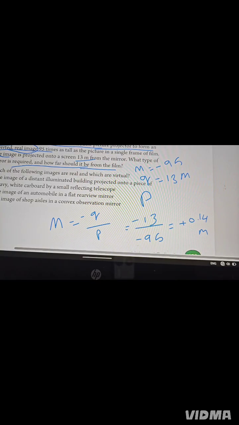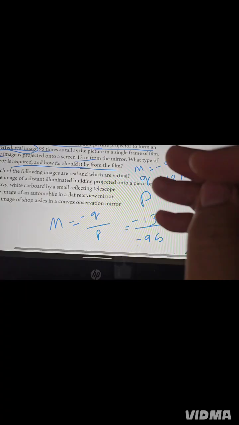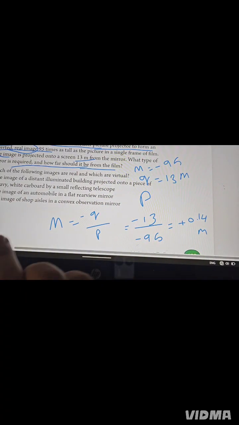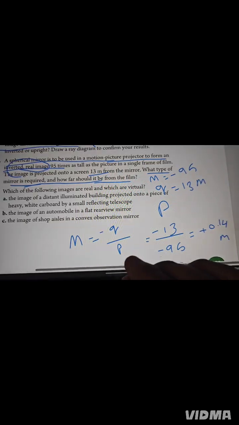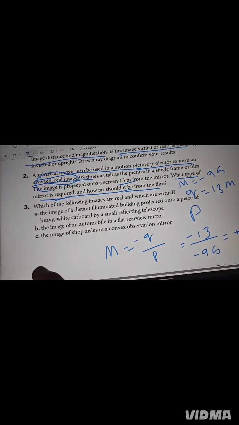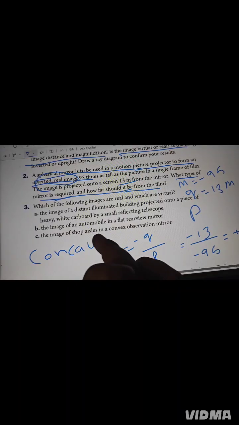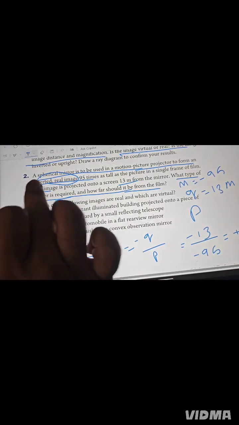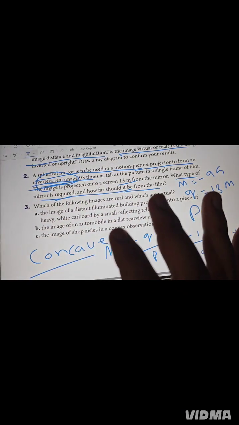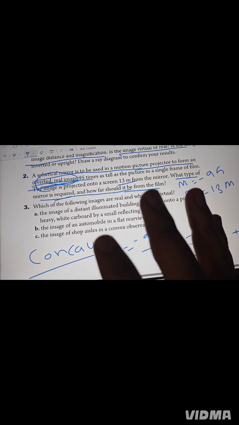But students, I forgot here: the question said, what type of mirror is required? Actually, here we require a concave mirror. You know why concave? Because here it's written inverted and real. In a concave spherical mirror, the image is every time inverted and real.